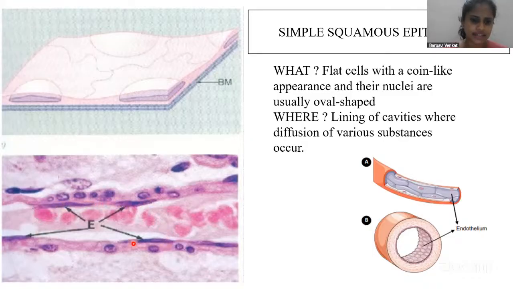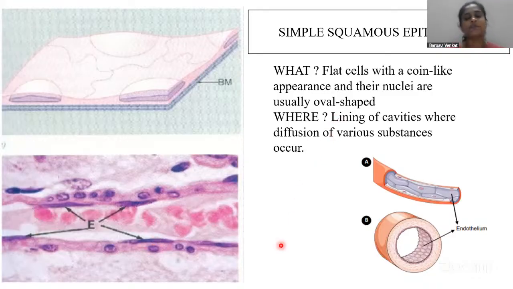These are your epithelial cells. You can see the squamous epithelial cells as flat cells where you can see the cell outline. I'm just dragging along the cell outline. You can see the cell width is more than the cell height. And you can see the nucleus here. The red laser point is your nucleus. It is oval shaped. Can you see the oval shape? So this is your simple squamous epithelial cell.